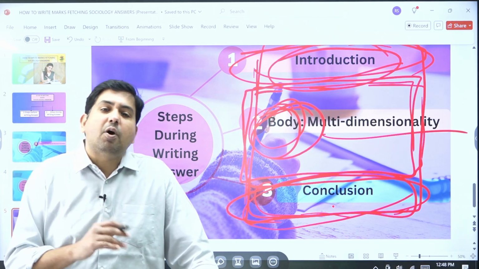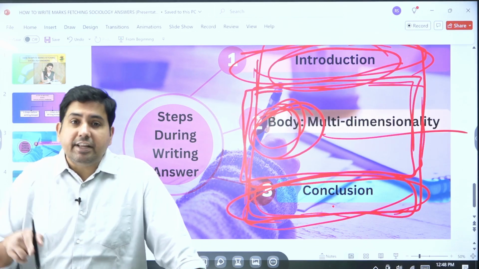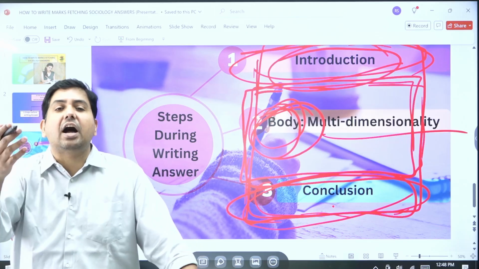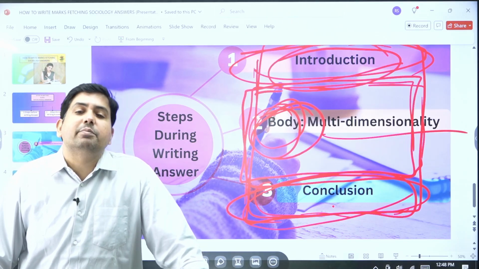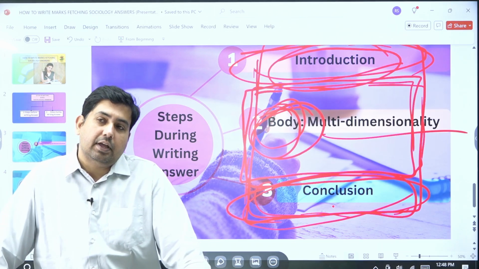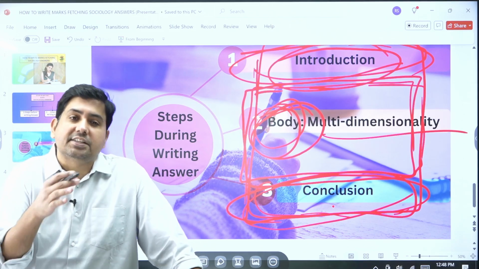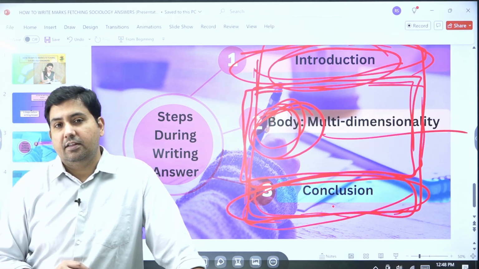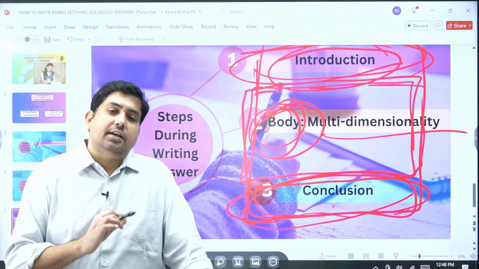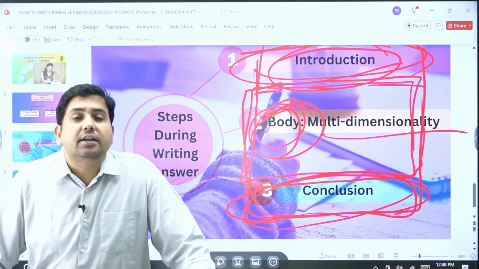Summarize your main points, offer a balanced perspective. And if the nature of the question demands, then you also provide a futuristic outlook, optimistic outlook, or a way forward. And very importantly, avoid introducing new arguments in the conclusion. Clear now? So that is the simple and the most effective way to write your answer.